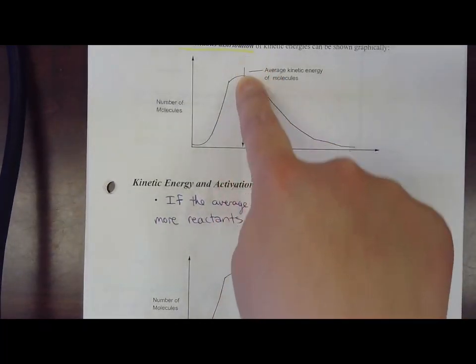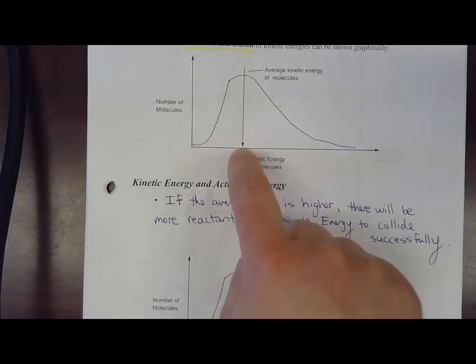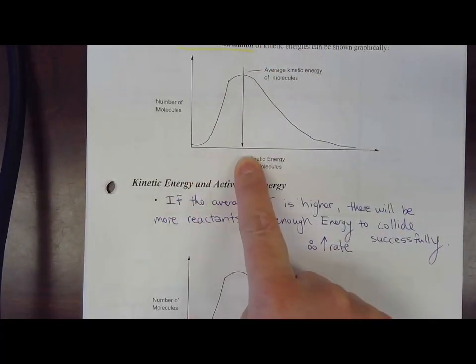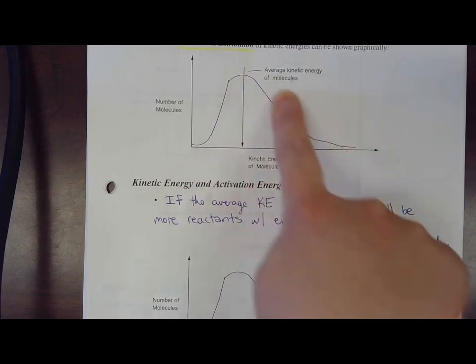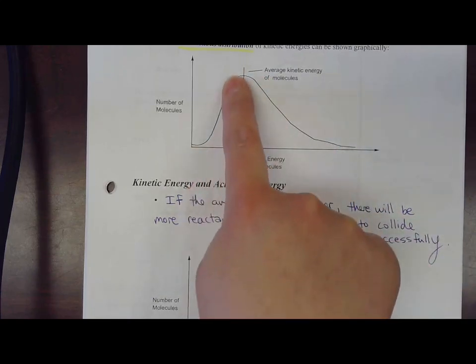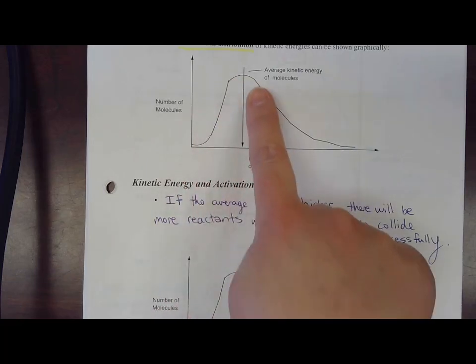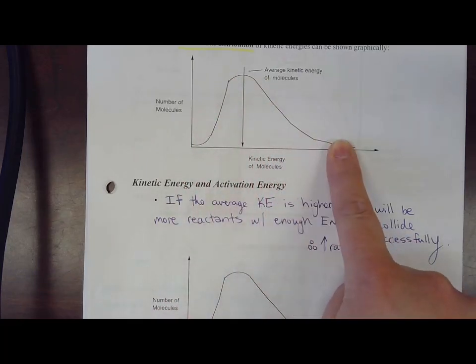They impose this line that says right here, if this was the amount of kinetic energy we needed to have an activation, then all of these particles are past the line and only these ones are before the line. So these ones don't have enough and all of these ones do have enough energy.